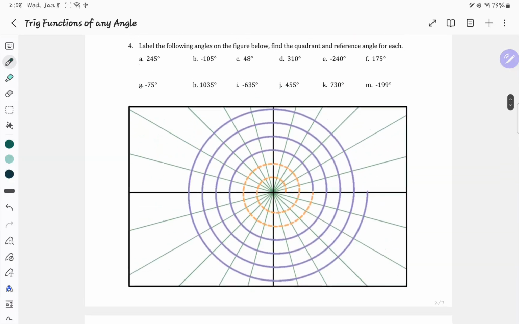So if I were drawing them in, this is 30 degrees away from the x-axis, if I were measuring this way. There's another one over here, which is 30 degrees away from the x-axis. There's going to be another one down here.